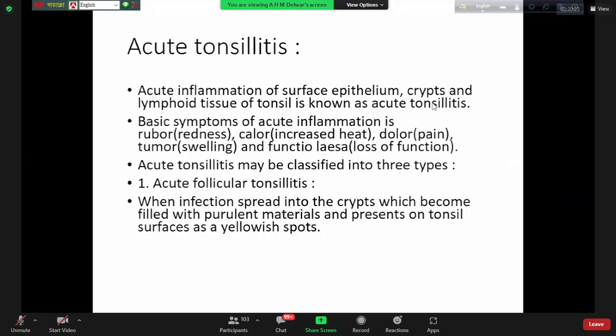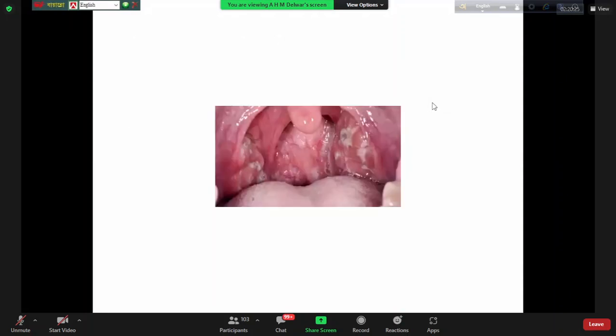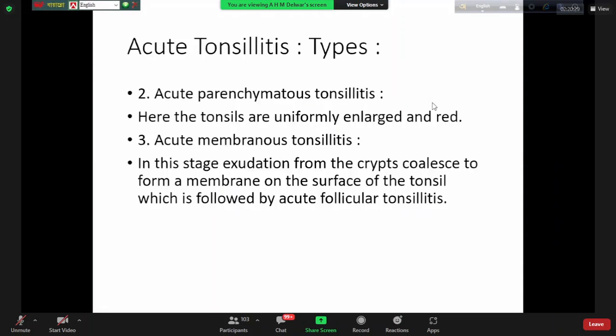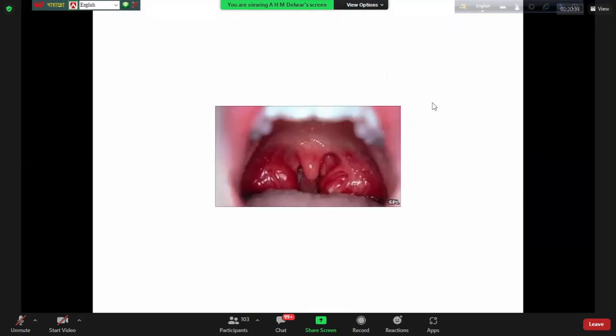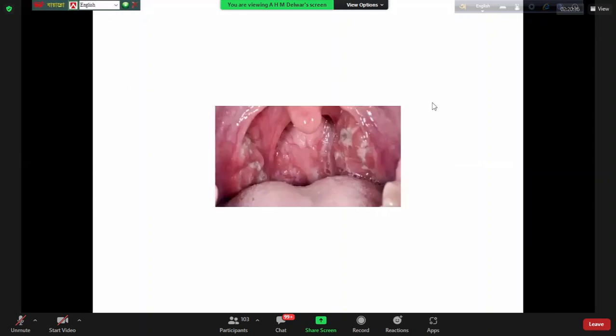So, acute follicular tonsillitis, there is a picture. This is the feature of acute tonsillitis. You see that the tonsil is enlarged.